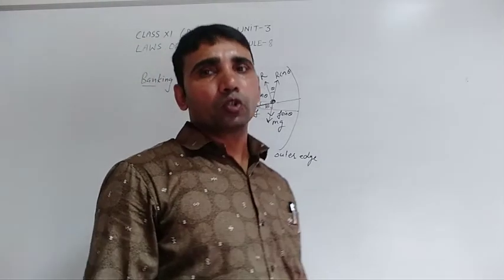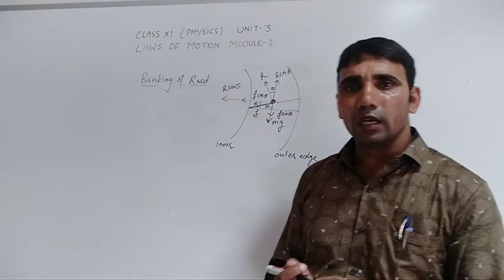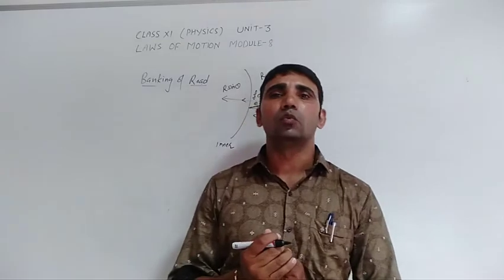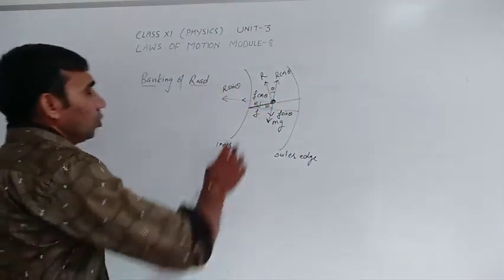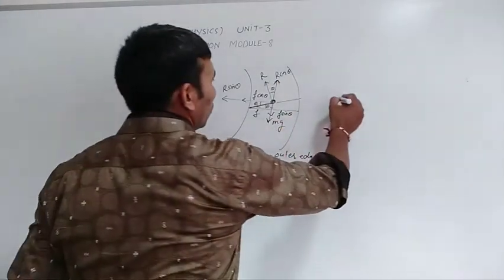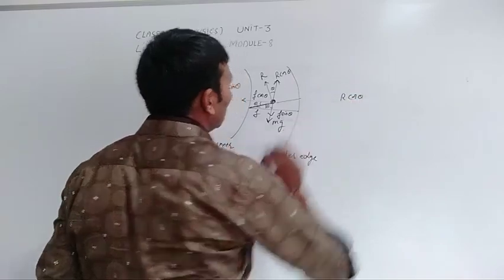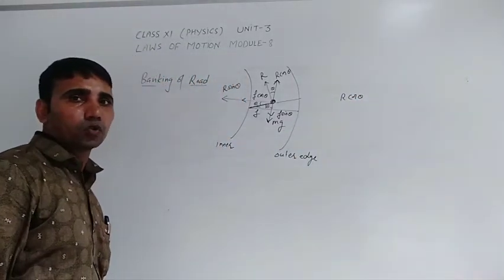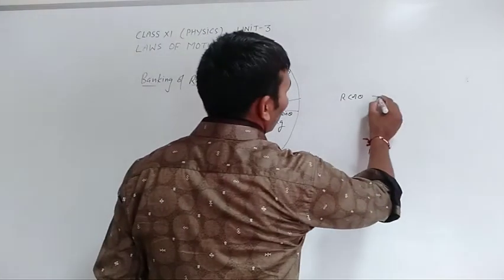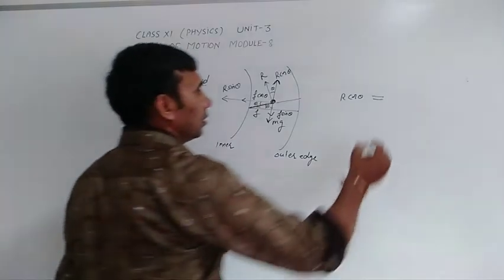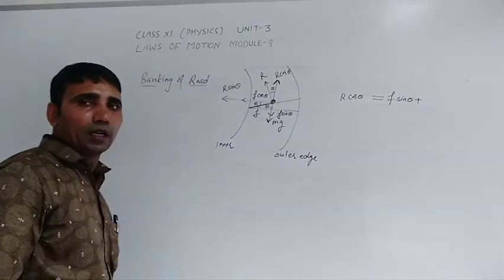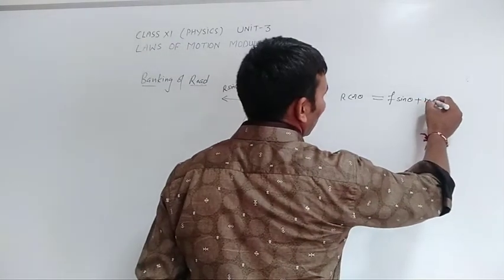If there is no motion of the vehicle along the vertical, it means the net force acting on the vehicle is 0. So the force exerted vertically upward is R cos theta, and the force opposite to R cos theta is F sin theta plus the weight of the vehicle acting vertically downward.